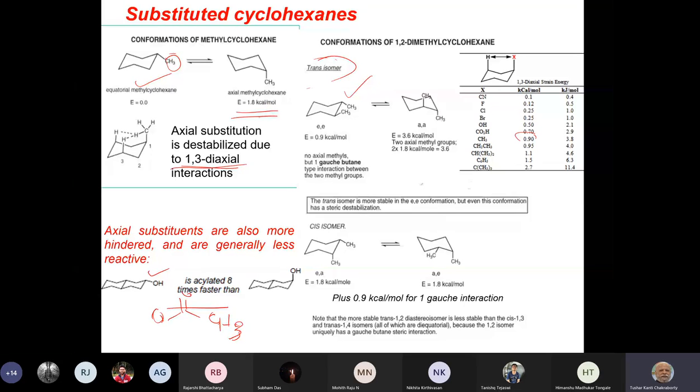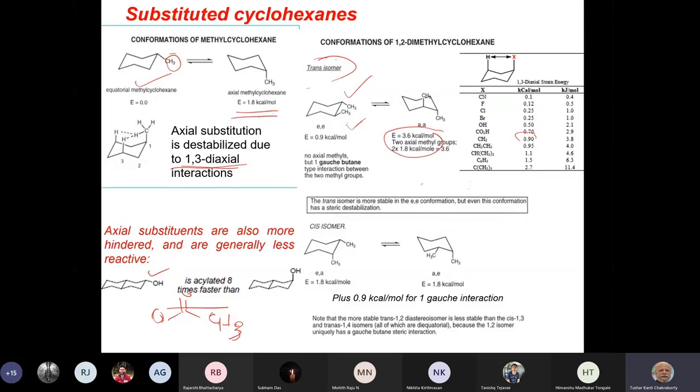So the diaxial will be destabilized by 3.6, and the diequatorial has one butane Gauche interaction, as I have shown earlier in the case of butane, at an angle of 60 degrees. So this is 0.9 kilocal per mole. So it occupies the diequatorial position.